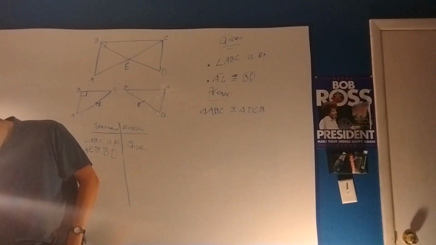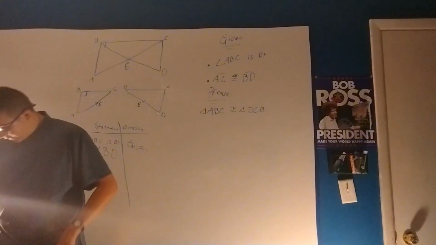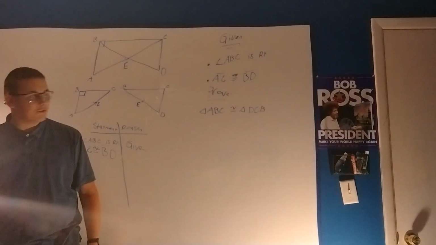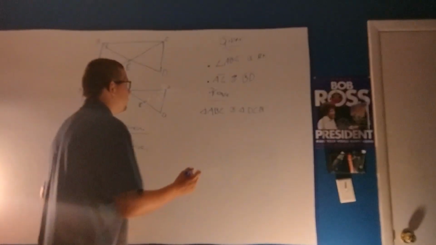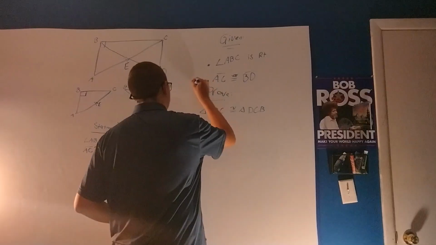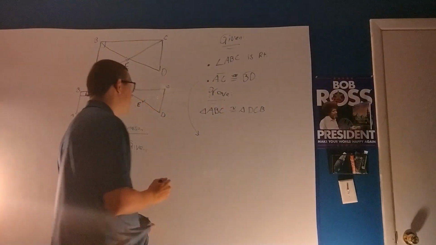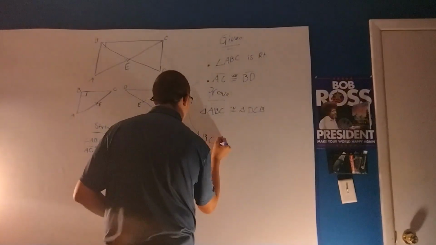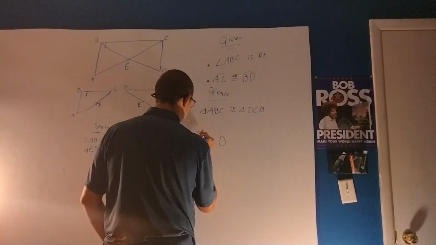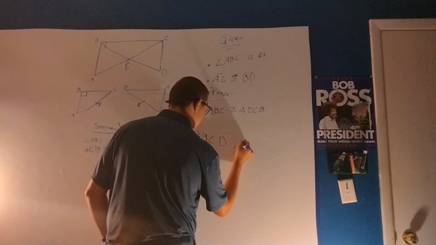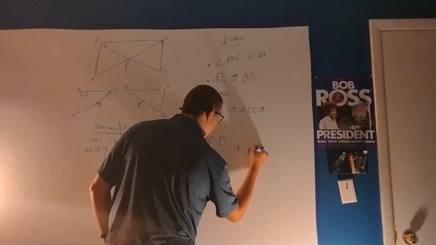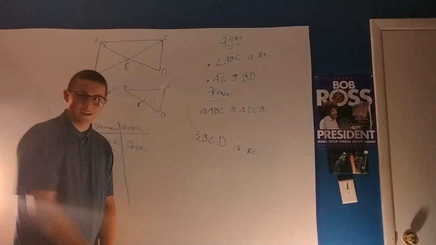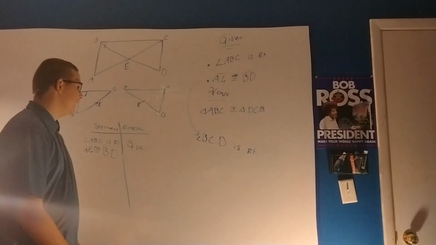No, I left something out and I apologize. We have one more given. We're also told, let me write this down here, that angle BCD is right. I apologize. I don't know if you can hear that cat down there wanting to get in.